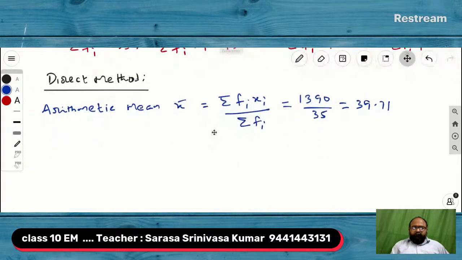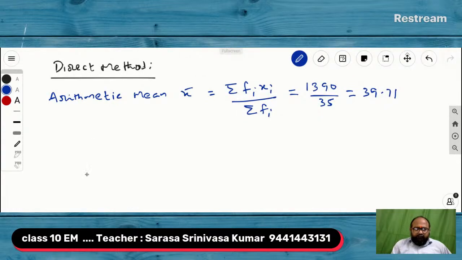Now the arithmetic mean by the assumed mean method.